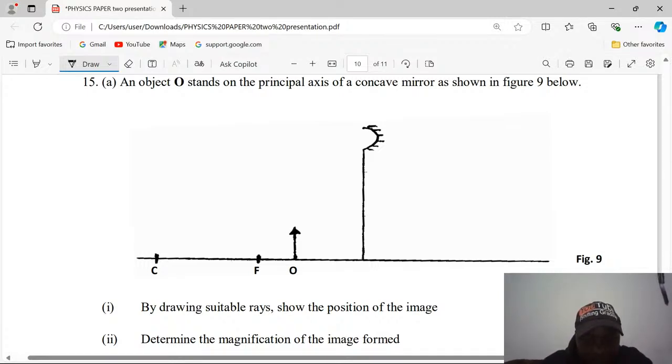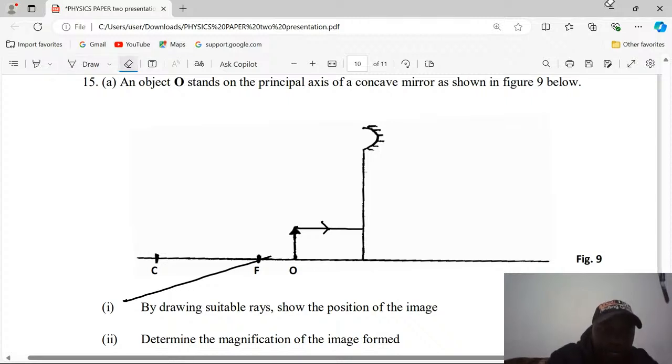So we draw a ray like that, and it is reflected through F. Remember, you can draw even 3 rays, but 2 are usually enough. That's how the ray behaves once it hits the mirror.